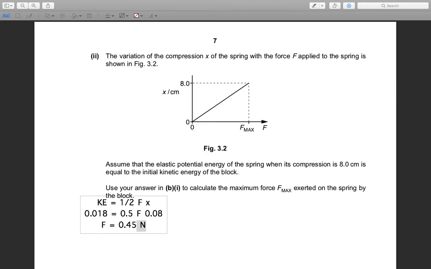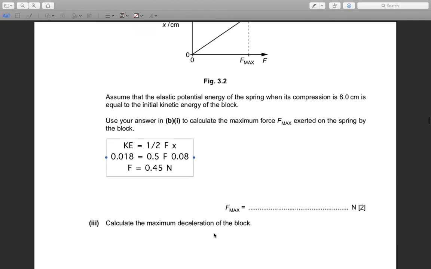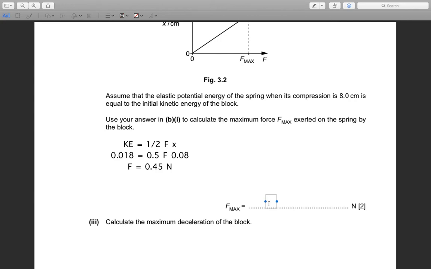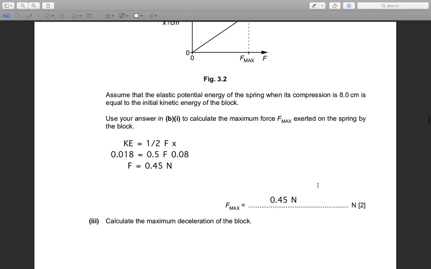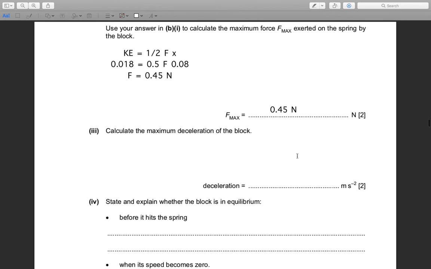Okay, this is the answer for this question. F maximum is 0.45 Newton. Okay, calculate the maximum acceleration of the block. How is the maximum acceleration of the block?